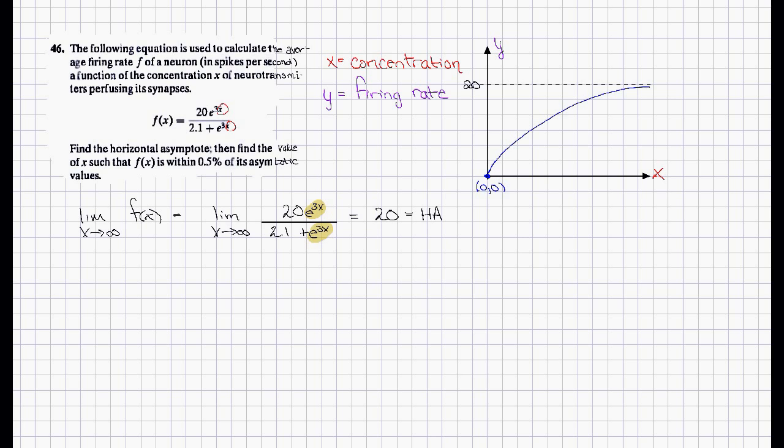That means that we want it to be plus or minus within 0.5% of this line that we have up here. We want it to be within 0.5% of that line.